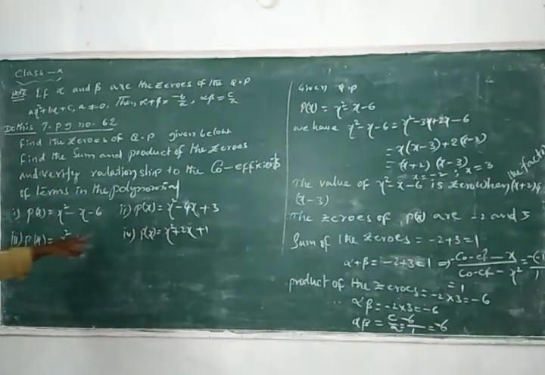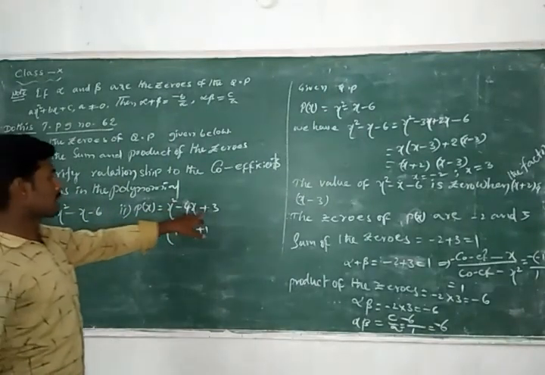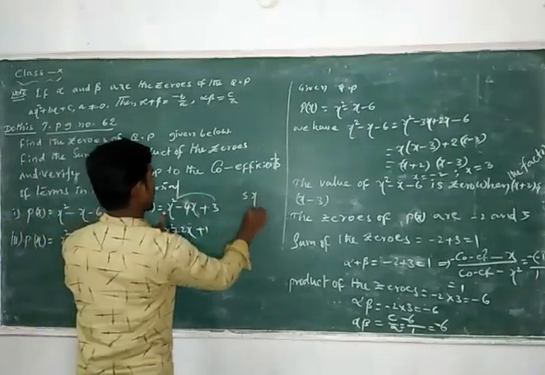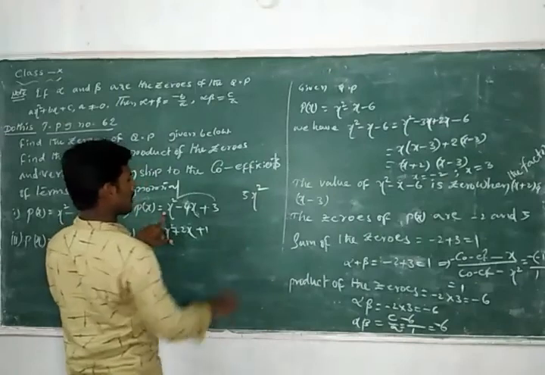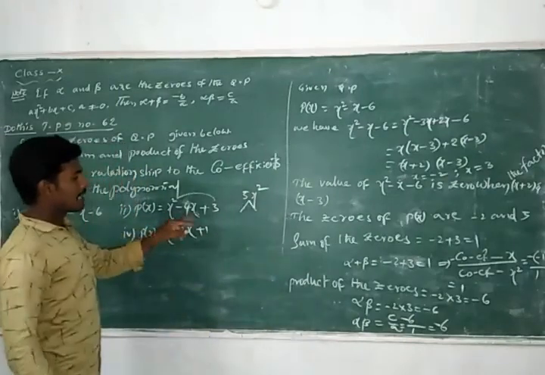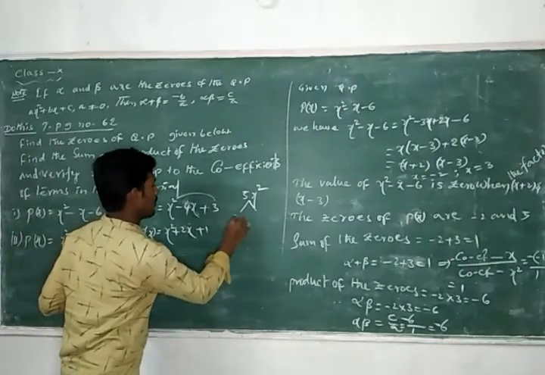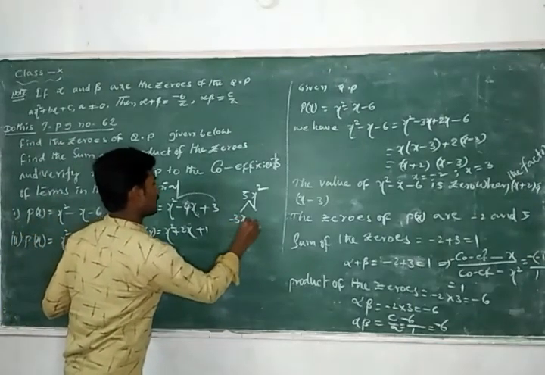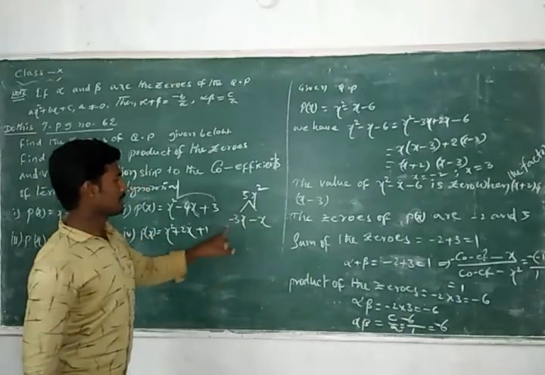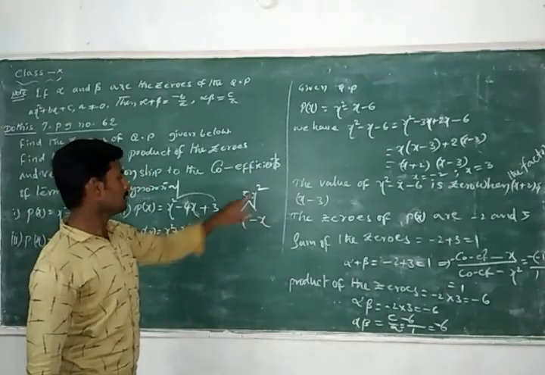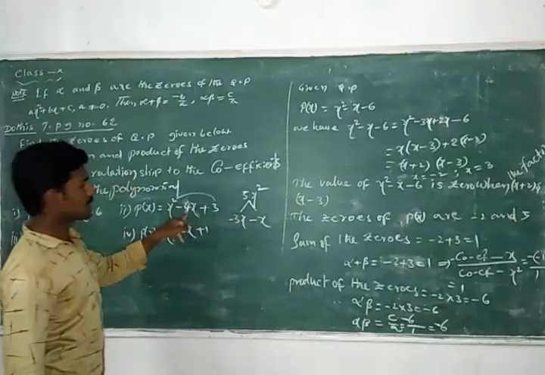What is the next question? P of x is equal to x square minus 4x plus 3. So you can rewrite this into factors. You take this as minus 3x minus x, so 3x square minus 3x minus x minus 4x.